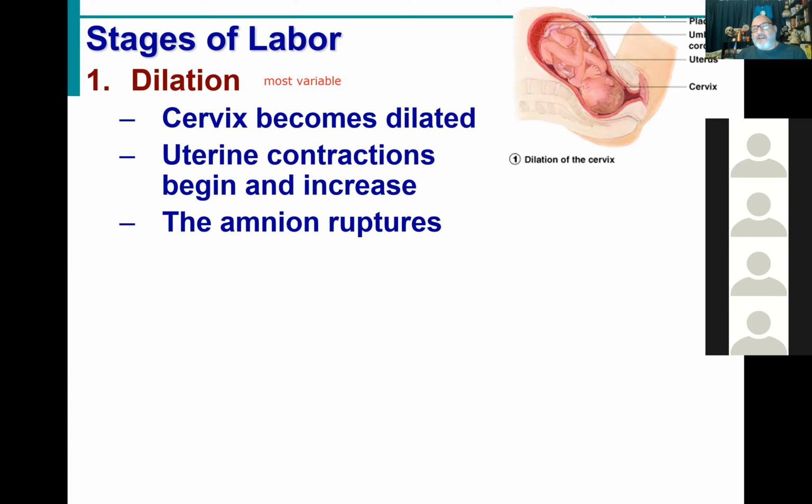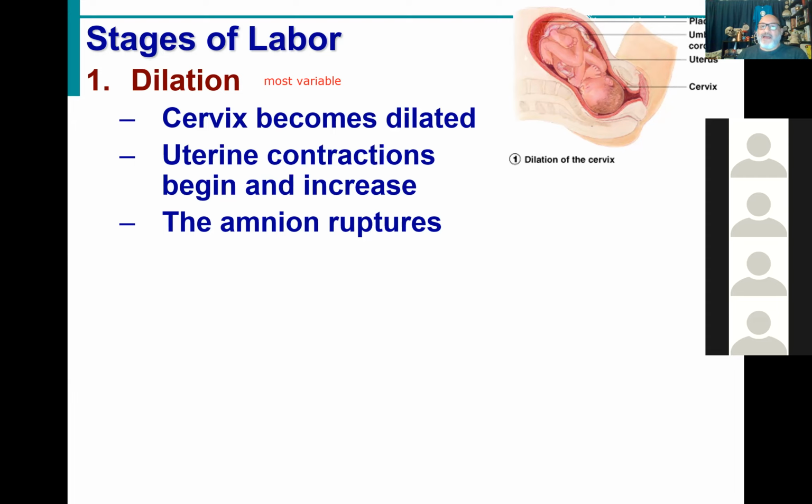Often near the end of dilation, the amniotic sac ruptures, releasing the amniotic fluid. This rupture of the amniotic sac can help to facilitate more powerful contractions of the female.